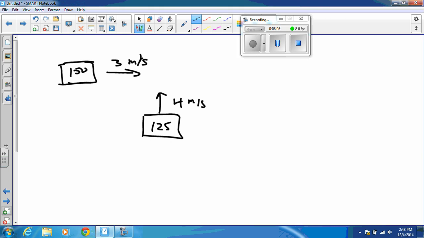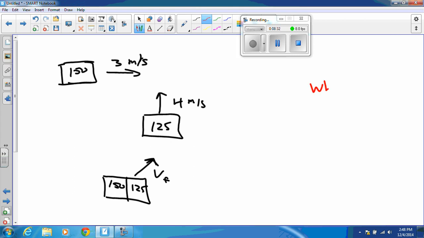And this being football, one of them is going to tackle the other, and so the result is that they are going to move off with a common final velocity. And the fact that they share this common final velocity means that we're dealing with a totally inelastic collision. And so we want to pose two different questions.